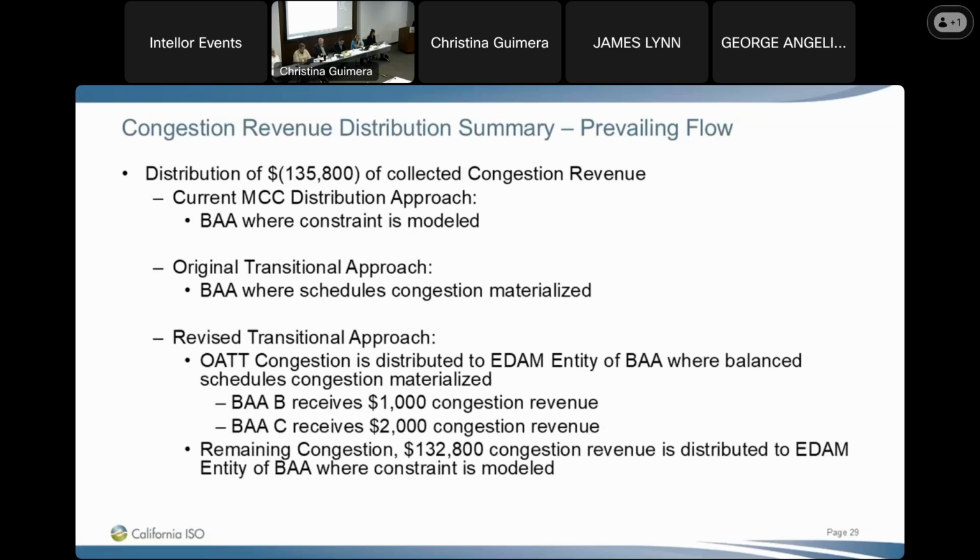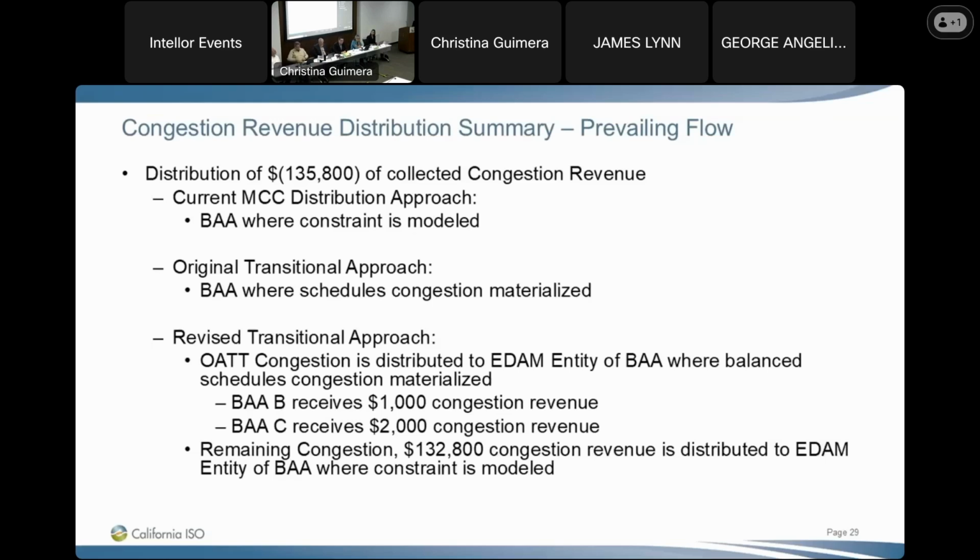This is the BAA where the constraint's binding, and so under the current EDAM design, all of that congestion revenue would go there. In the transitional design, it's going to be broken up. I'm going to have $3,800 in BAD, $4,000 in BAC, $4,000 in BAB, and then the $124,000 in BAA. That's because you are collecting it.